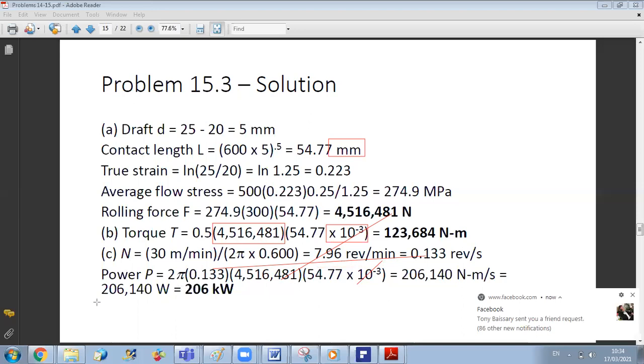So here you obtain your power in watt, and if you convert to kilowatt, it's 206 kilowatt. Any question on this problem? Okay, let us continue.